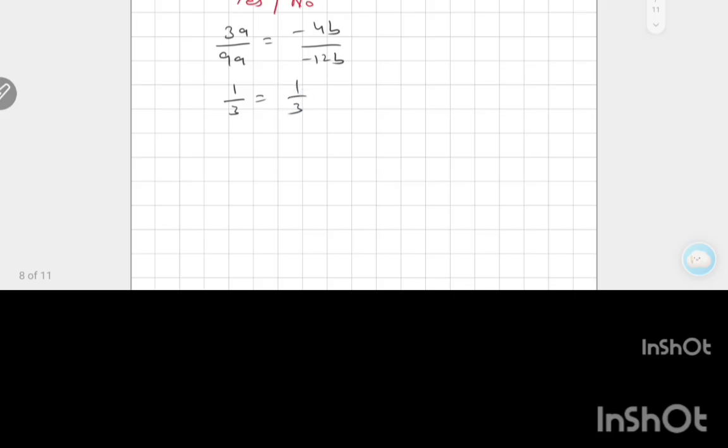Okay, we got this, but we never say that this is the same direction. Why do we say that this is not the same direction? Okay, dear student, it's a very simple answer that you have to memorize.